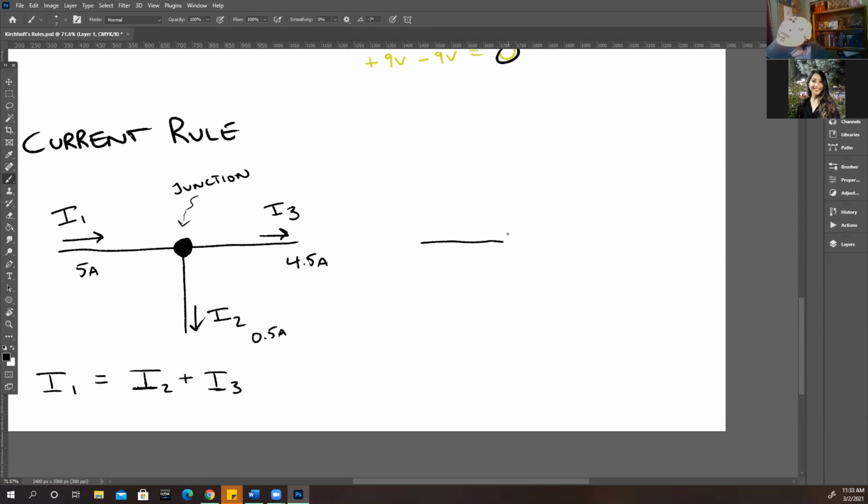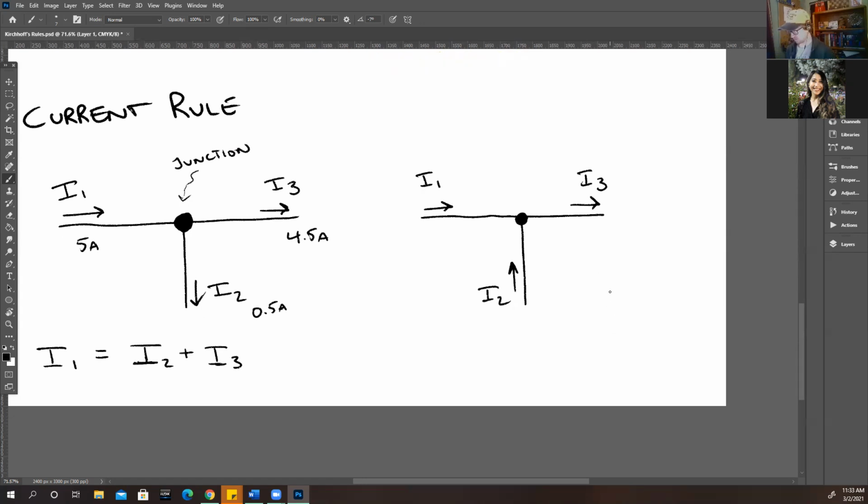So this is current splitting in two directions. It's the same for current meeting at a junction somewhere and combining. This was also seen in last week's lab. I'm going to keep the lettering the same, but we're going to have to change the formula. What's coming into the junction, I1 and I2, what's going out, I3.